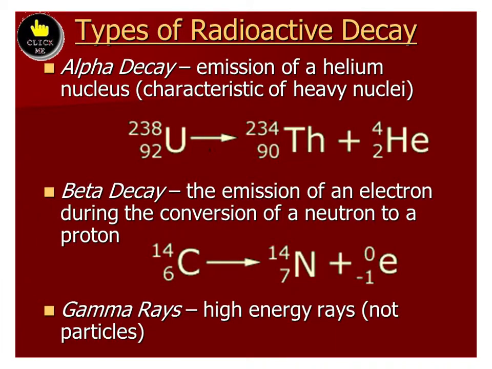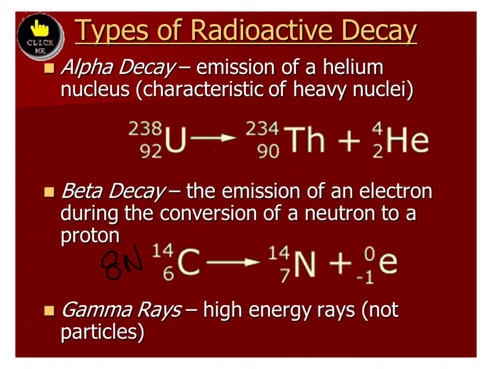So let's say here we have carbon 14. We know that carbon has an atomic number of 6, so there are 8 neutrons available. So there's 8 neutrons here. And on this side, we have nitrogen 14. Notice that the 14s are the same.